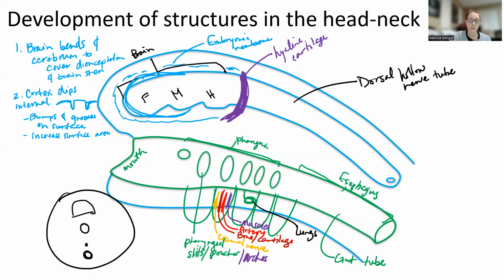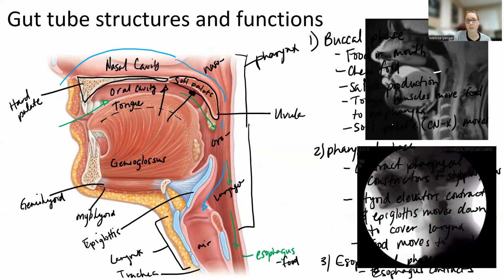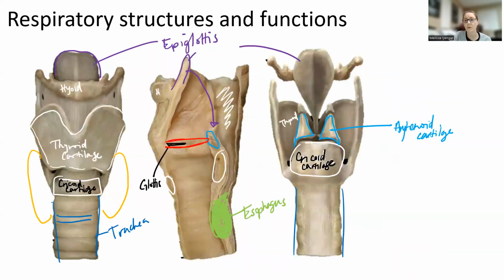The chest area is also arranged in a slightly weird way because the respiratory system is in front of the gut tube. But then you also have the heart and lungs, and it becomes more complicated. But hopefully you see the different structures of the gut tube and how deglutition works, and also the different structures of the respiratory system and how sound production and phonation work, very simplistically.